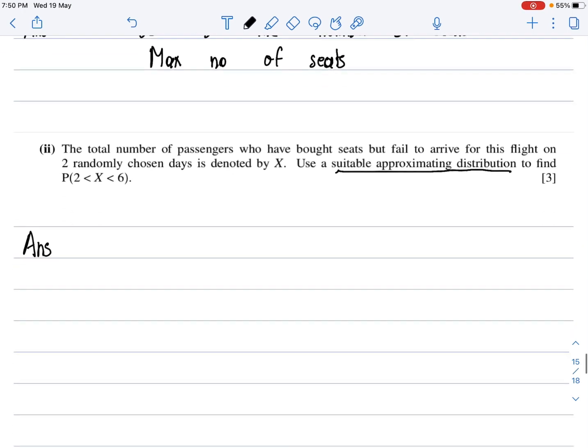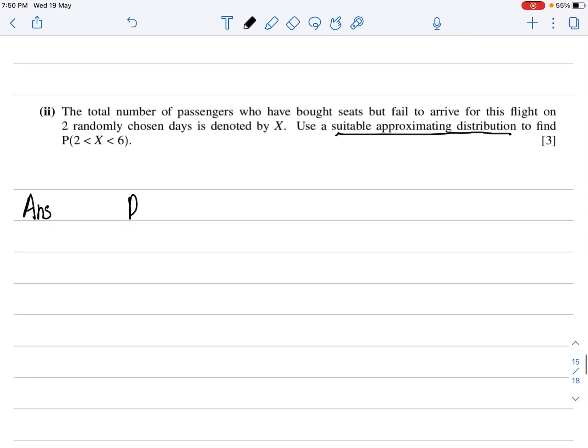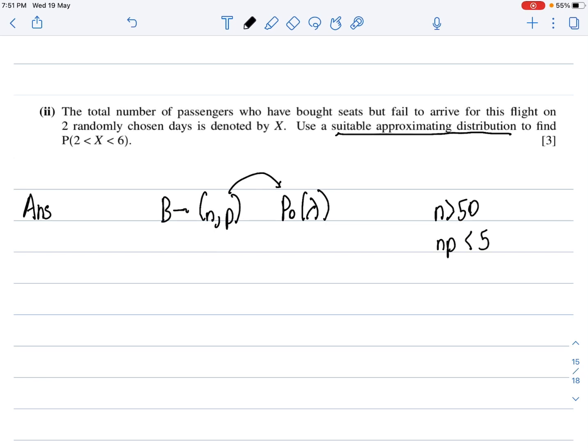What's the condition for converting from binomial to Poisson? I need to use Poisson here, because the condition is that n needs to be more than 50 and np should be less than 5.